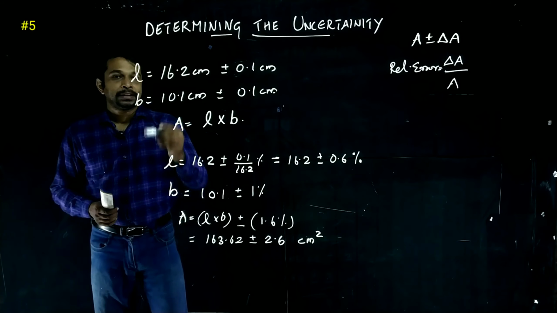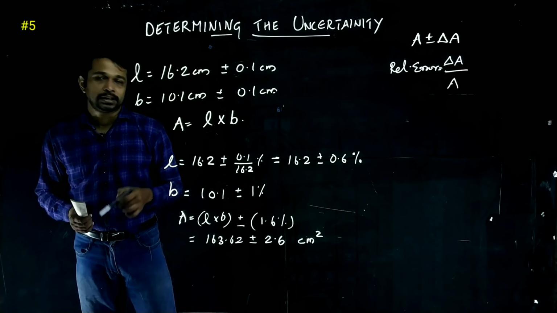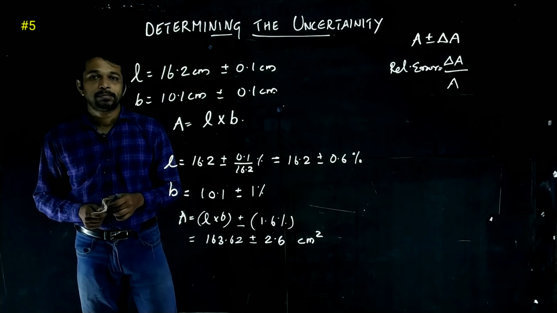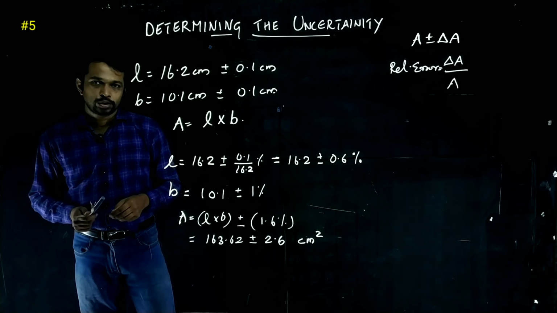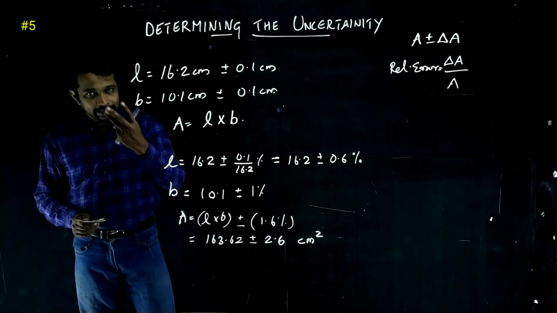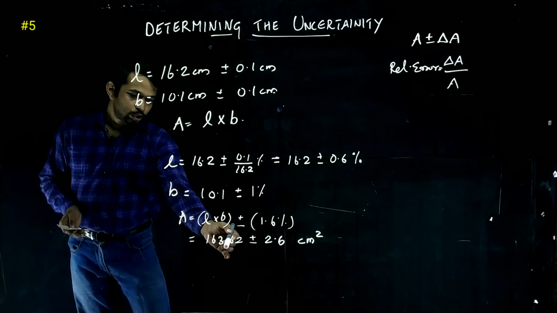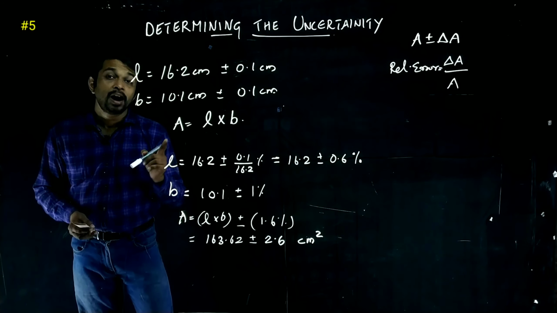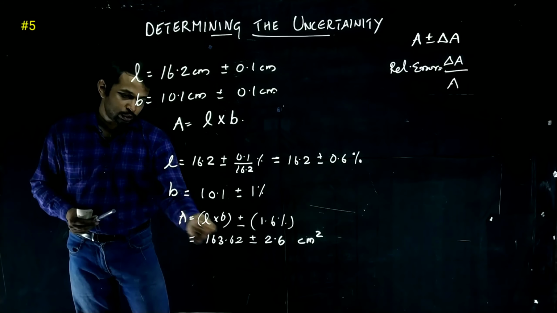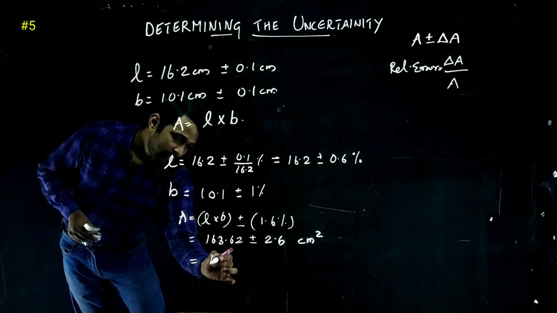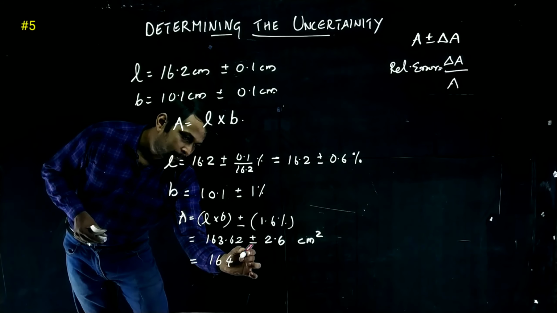Now see, the length has got 3 significant figures. The breadth also has got the same number of significant figures, 3. So the area also should have only 3 significant figures. So we will have to neglect this decimal part after rounding off. This 6 is greater than 5, so this will come 164 plus or minus.